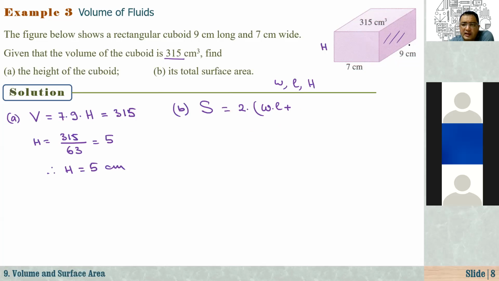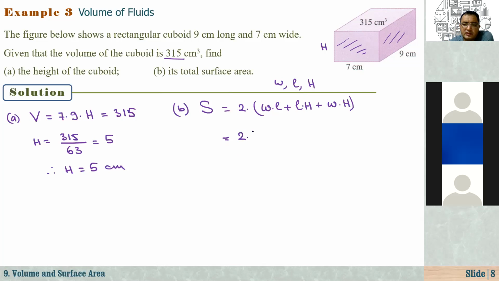Actually, that's equal to 9 times h, so that is length times height. Plus, how about this side that's facing you? That's equal to 7 times h. That is W times h, right? Because all faces are rectangles and opposite rectangles are exactly the same. So that's how we find the total surface area of a cuboid.